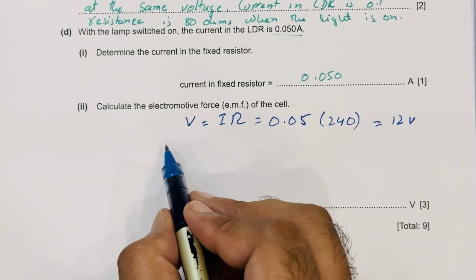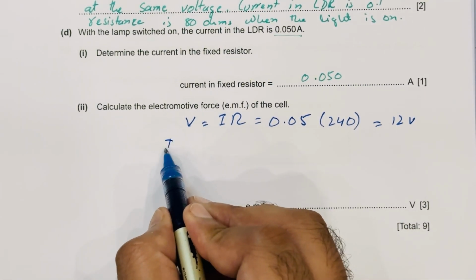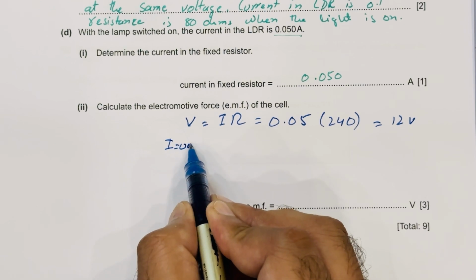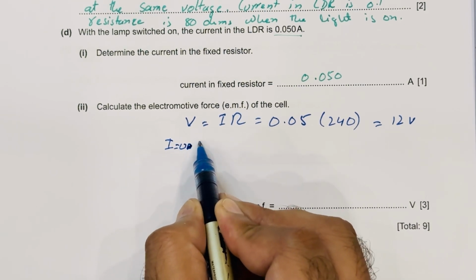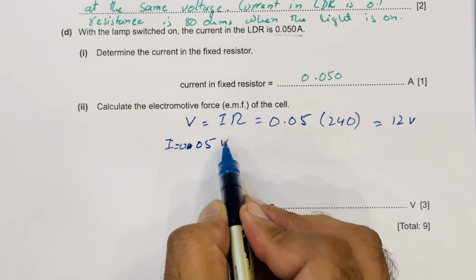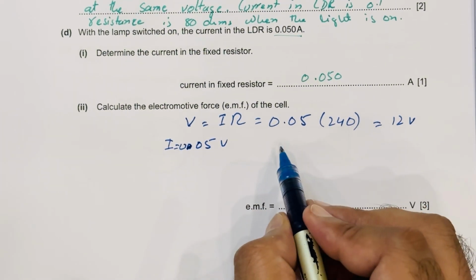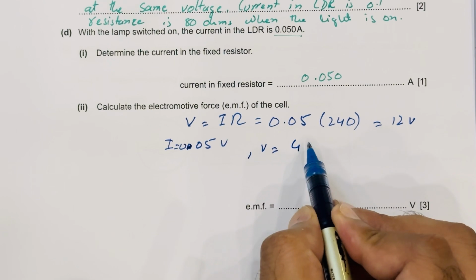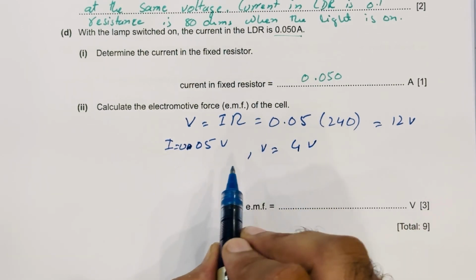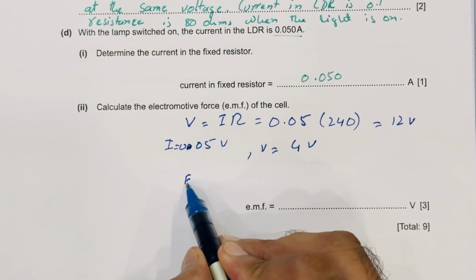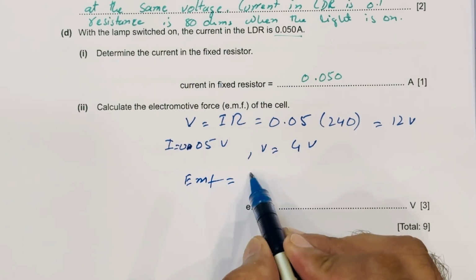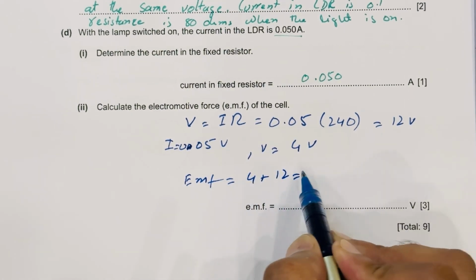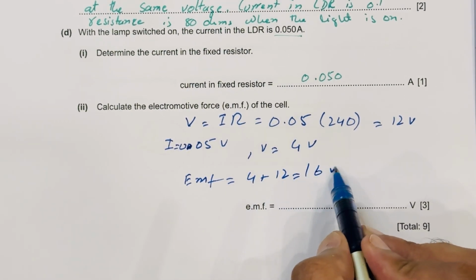And we know that when I is equal to 0.05, then V is equal to 4 volt, and the EMF of the battery would be 4 plus 12, that is 16 volt.